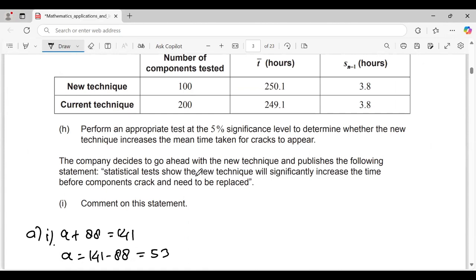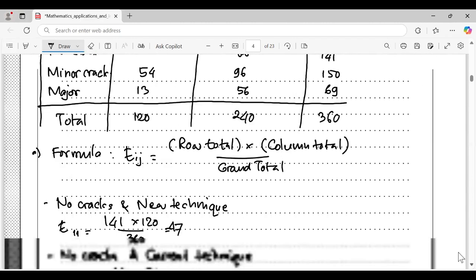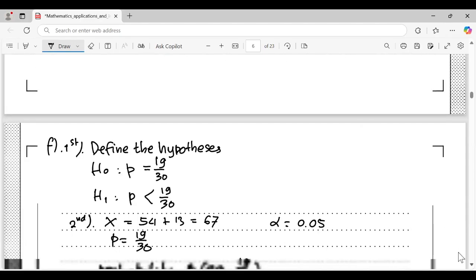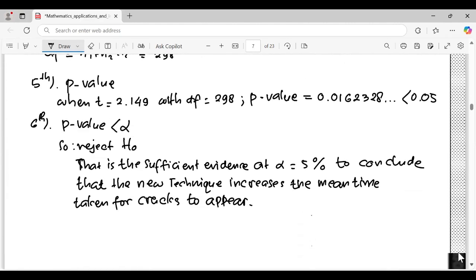Statistical tests showed the new technique will significantly increase the time before components crack and need to be replaced. Comment on this statement. I have provided my opinion about this question, and I'm going to write it now.